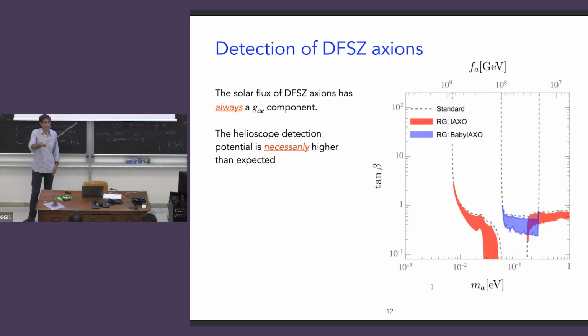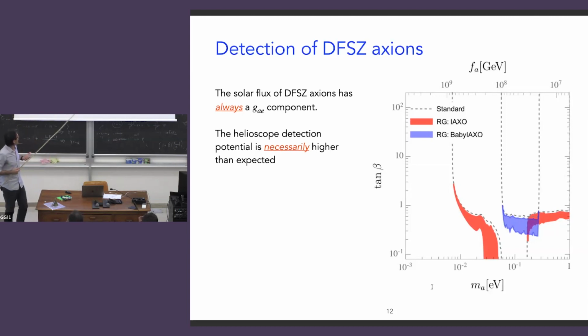You're interested in the sun, and now we're saying even if I take the DFSZ, there's going to be a larger flux from the sun than I expected. Before I could say, oh, maybe there is DFSZ, maybe tangent beta is small, and so I need to worry only about these axions that are produced through the axion photon coupling in the sun.